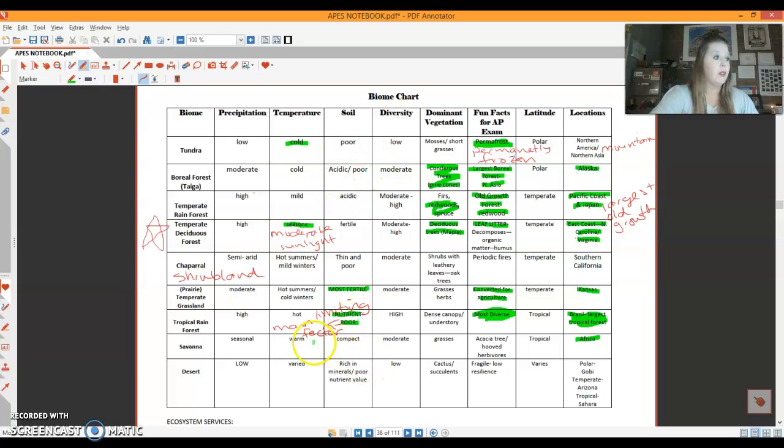All right, the soil is compact. It's hard. Why? Because there's a lot of herd animals that live in Africa, and so they are constantly walking on the soil, packing it tighter and tighter. Okay, so the compact right here we're going to put because of herds. Okay, a lot of these herds migrate.